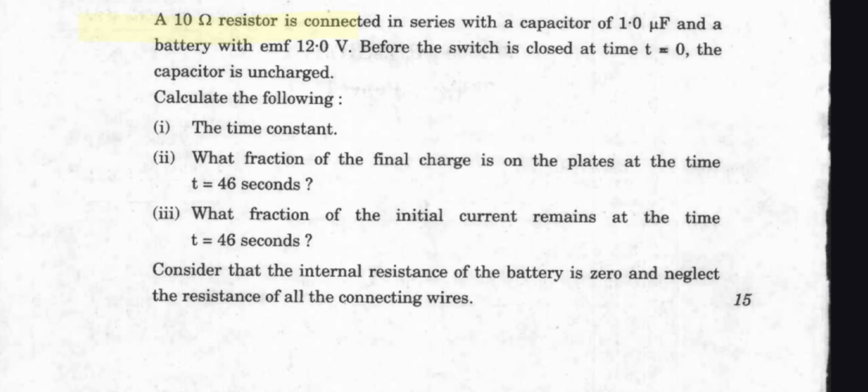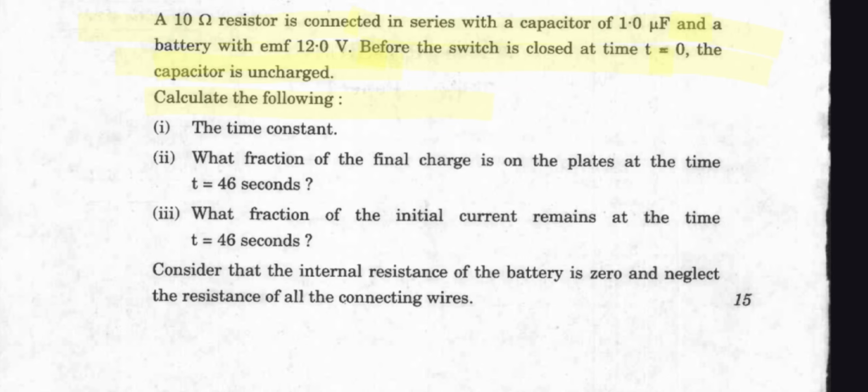A 10 ohm resistor is connected in series with a capacitor of 1.0 microfarad and a battery with electromotive force 12.0 volts. Before the switch is closed at time t equal to 0, the capacitor is uncharged.